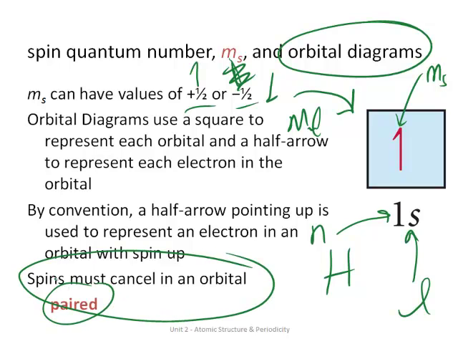So for helium, we would draw our 1s orbital diagram, and an up arrow and a down arrow to show that the electron m sub s values are canceled. One is plus 1/2 and the other is minus 1/2.